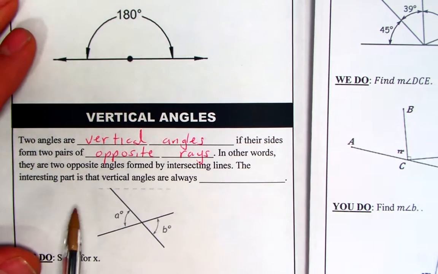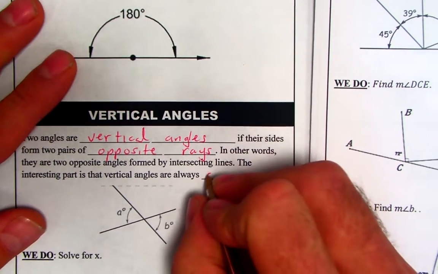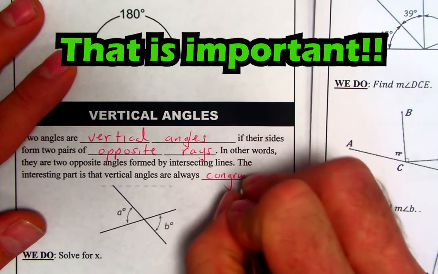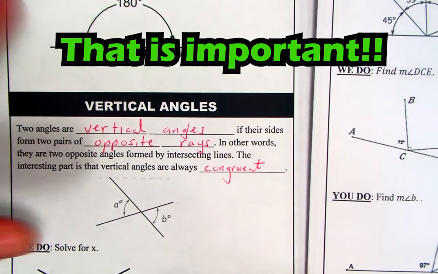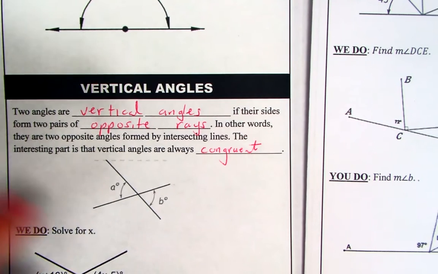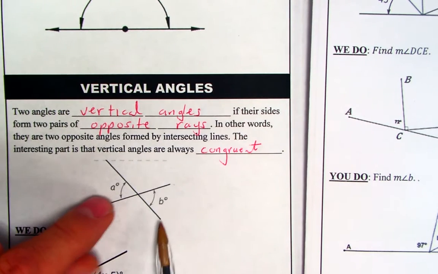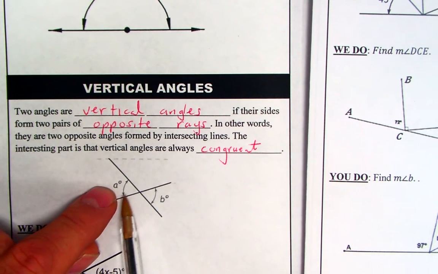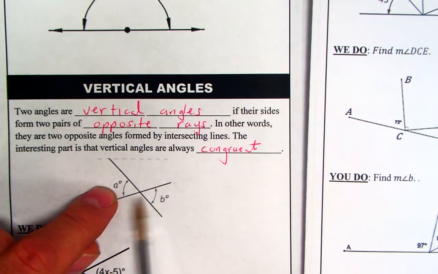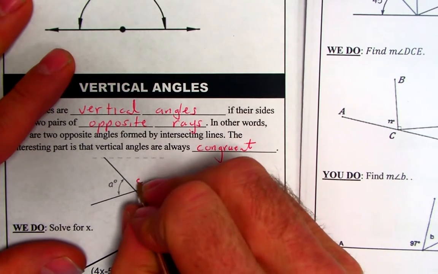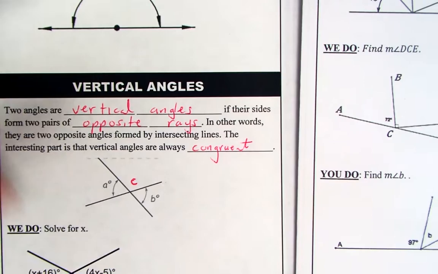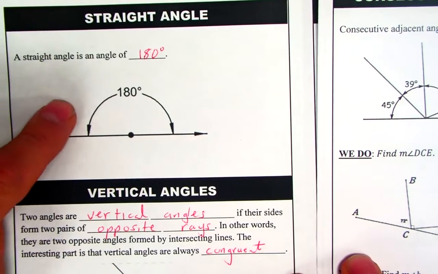An interesting part is that vertical angles are always congruent. And I can give you a quick proof why. We're going to be doing these proofs later on where you have to prove some kind of relationship. In this case, I'm going to prove that A and B are the same measure. I'll do that by labeling this other angle C and using our straight angle definition.